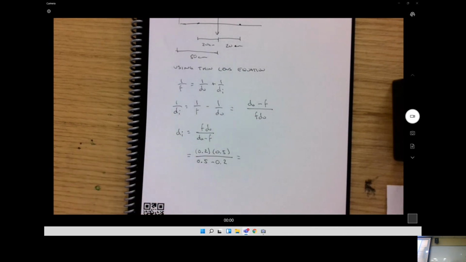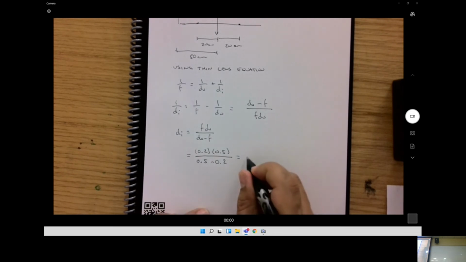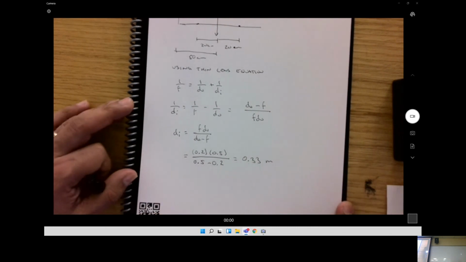I don't have my calculator, so if someone can give me that result. It's 0.33. 0.33 meters.